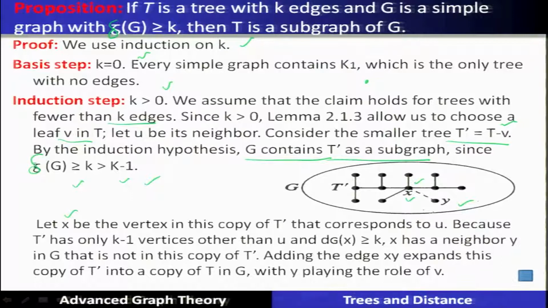Adding the edge xy expands this copy of T prime into a copy of T in G, with y playing the role of v. Hence the induction is proved for bigger values.